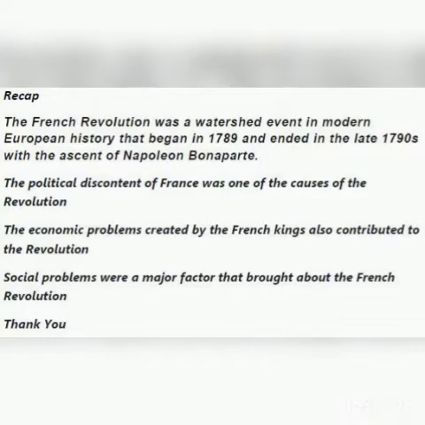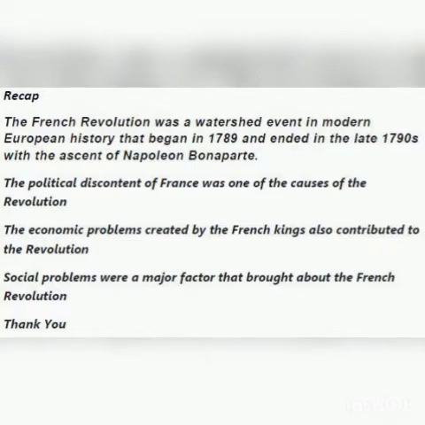Dear students, let's recap the portion. The French Revolution was a watershed event in modern European history. It began in 1789 and ended in the late 1790s with the ascent of Napoleon Bonaparte. There were many causes for the outbreak of the French Revolution.